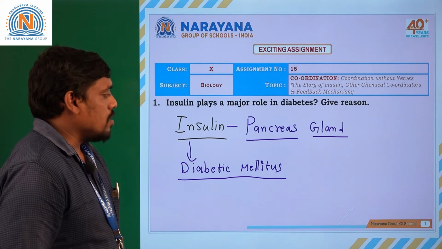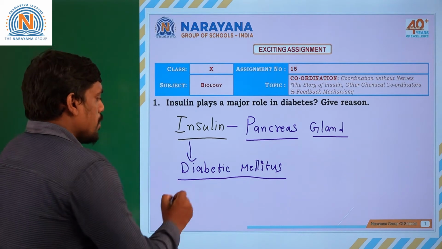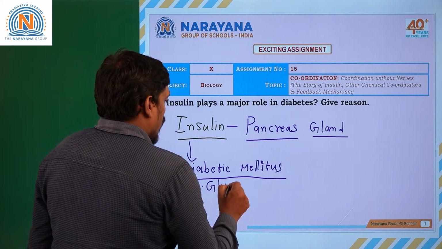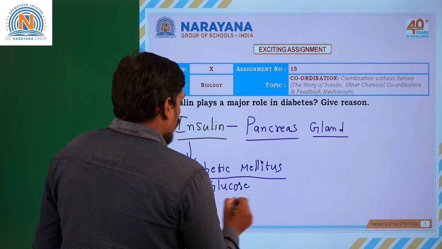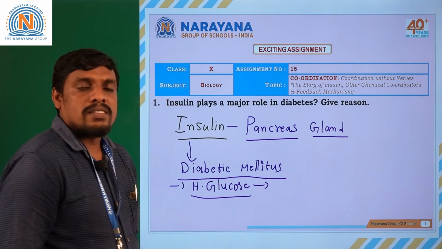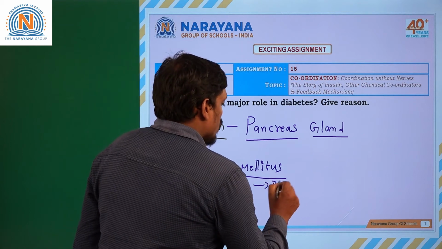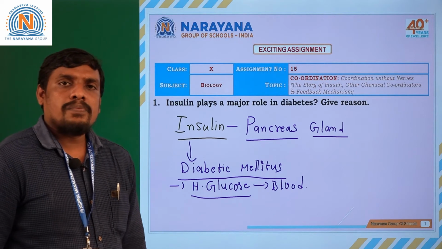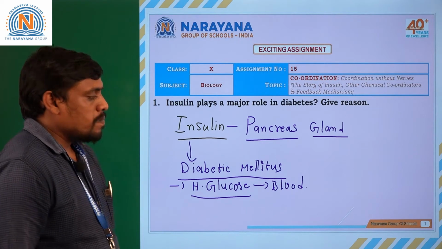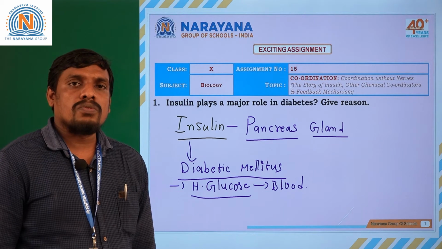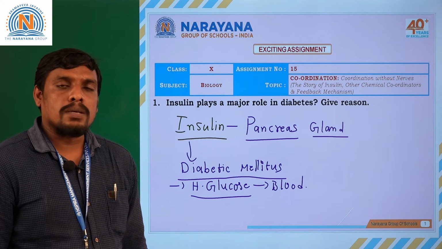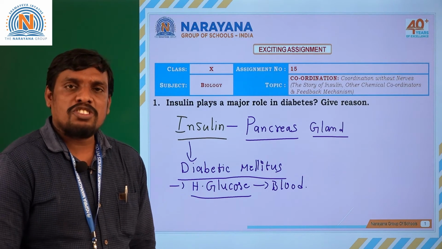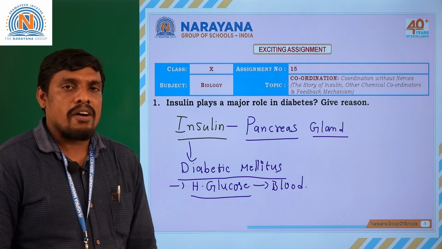Those who are suffering with diabetes mellitus have the highest amount of glucose in the blood. There is a high sugar level seen in the blood. Glucose levels are high in the blood. Due to the presence of a high amount of glucose in the blood, some bodily functions are highly affected.